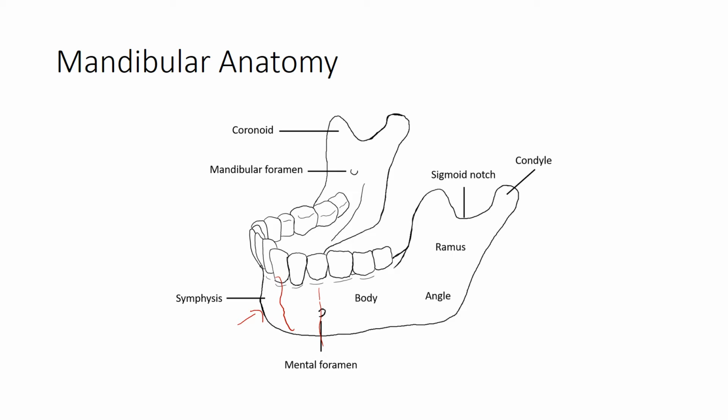So any fracture in this region is termed a parasymphyseal fracture. A fracture that occurs posterior or lateral to the mental foramen, but within the tooth-bearing segment of the mandible, is termed a body fracture. So this whole region here is the body of the mandible.